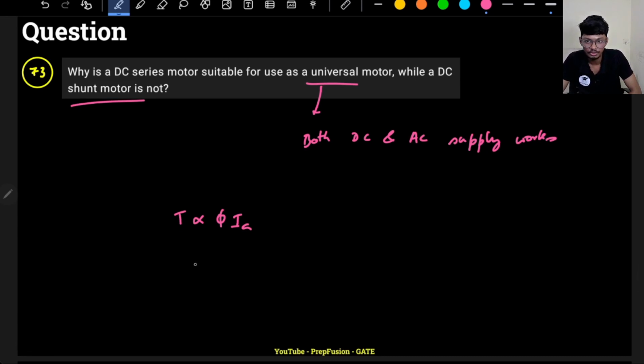So my flux is proportional to the armature current.